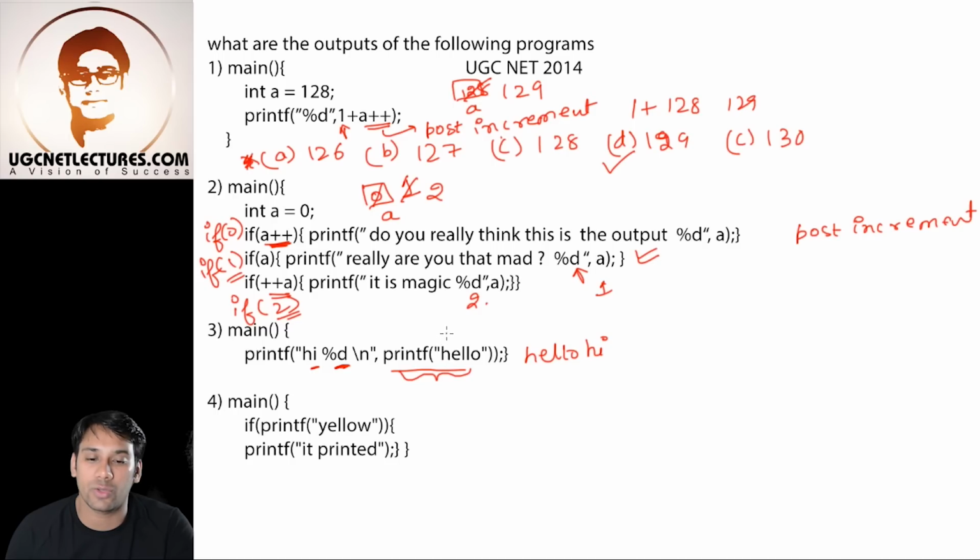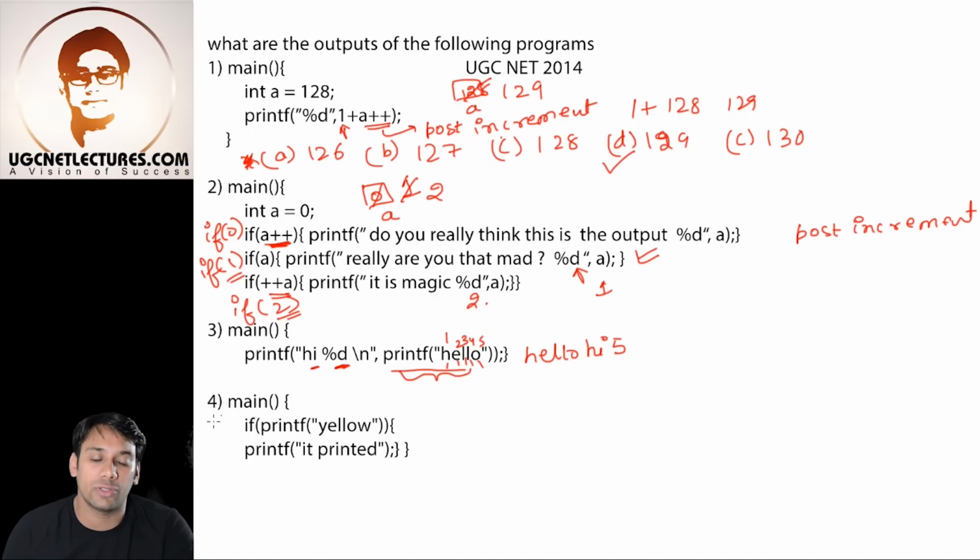So the number of characters are 1, 2, 3, 4 and 5. So there are 5 characters, so it is going to print hello, hi, and then space 5. So this is going to be the output of this program.